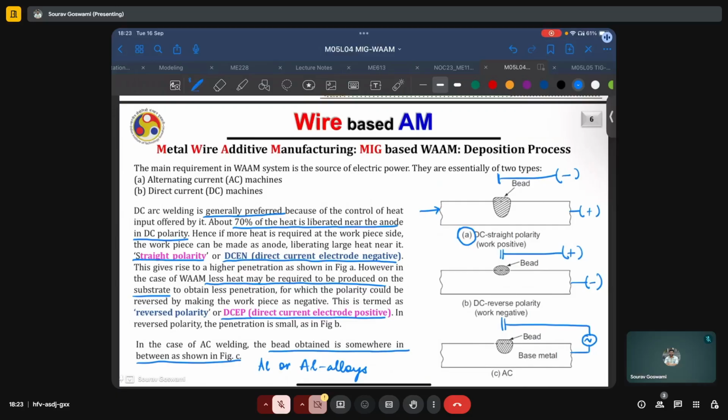However, because of this change of polarity of the consumable electrode and the substrate every half cycle, the deposition characteristics that we see are somewhat intermediate, as in neither does it result in very deep nor very shallow deposition.